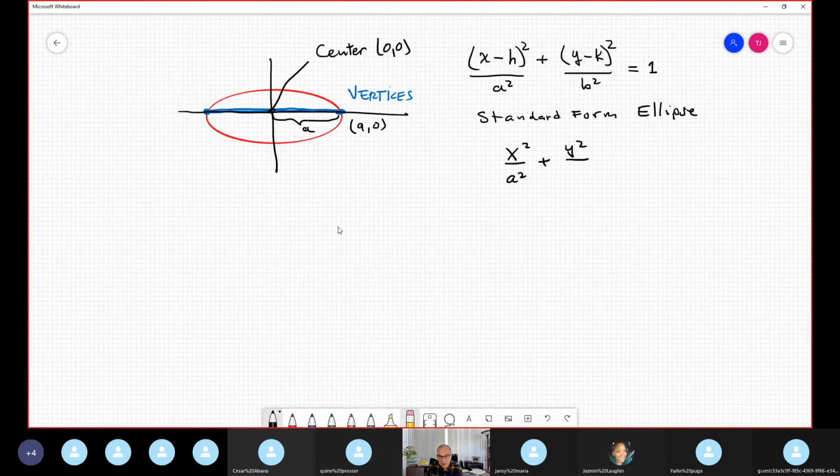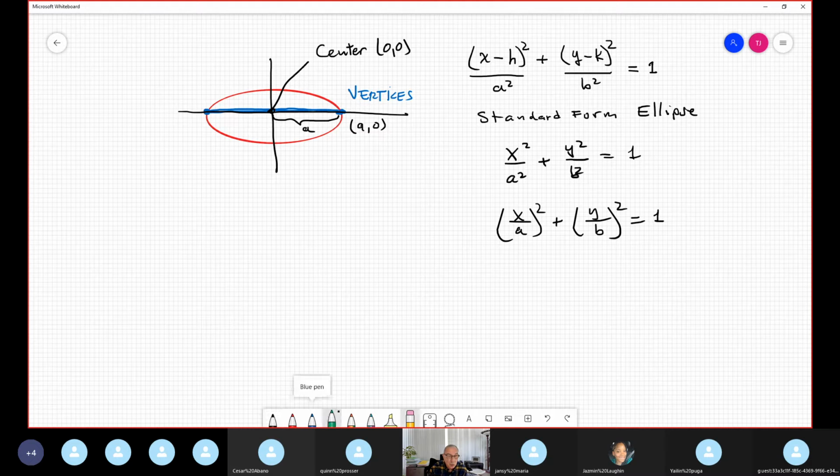But we see a lot of examples where that is not necessarily the case. You can write it like that, or you can write x squared over a squared plus y squared over b squared equal to 1. Now this distance is a, and this distance, now in green color, is the minor axis, b. This distance is b, and this distance is b.